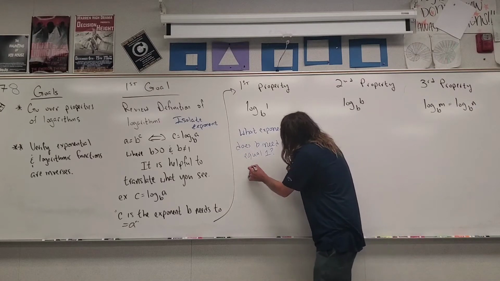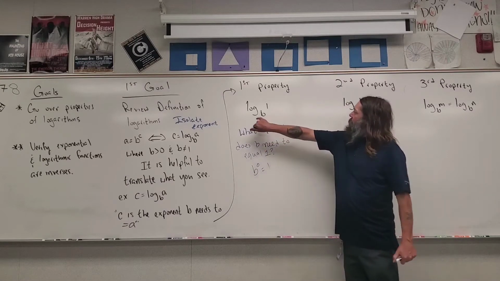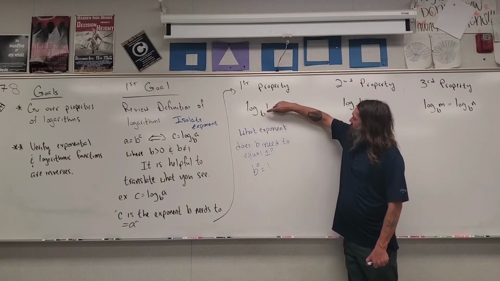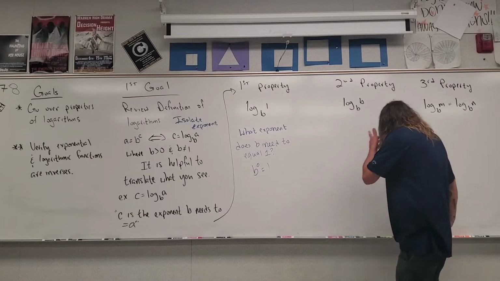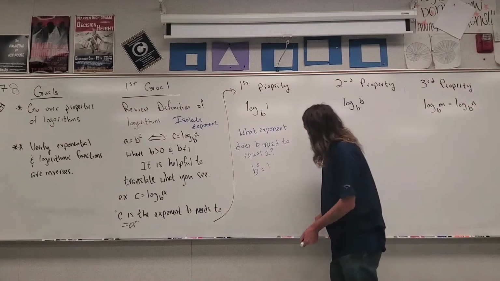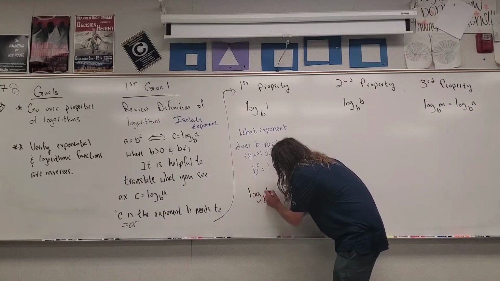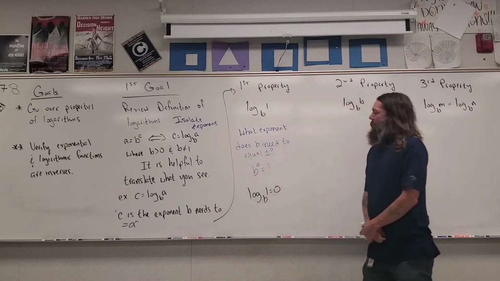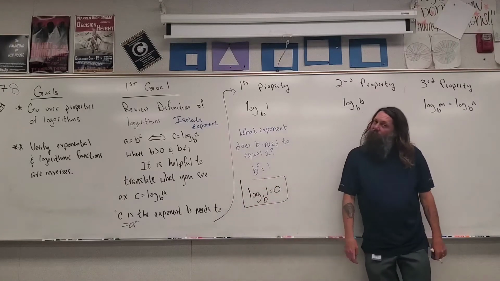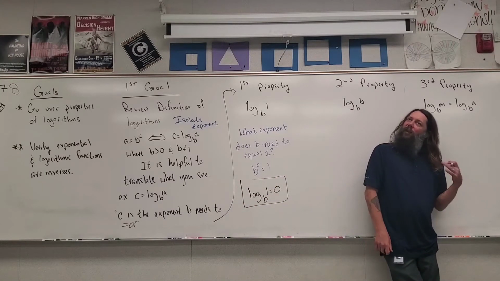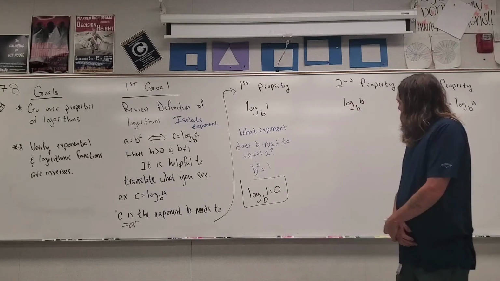So remember, any number to the power 0 is 1. So log base b of 1 equals 0, or the exponent b needs to equal 1 has to equal 0. So that's going to be our first property: log base b of 1 is equal to 0. And again, for me, I find it more helpful to translate what I'm working with, and then it makes a little bit more sense. And hopefully you're seeing the value of that.